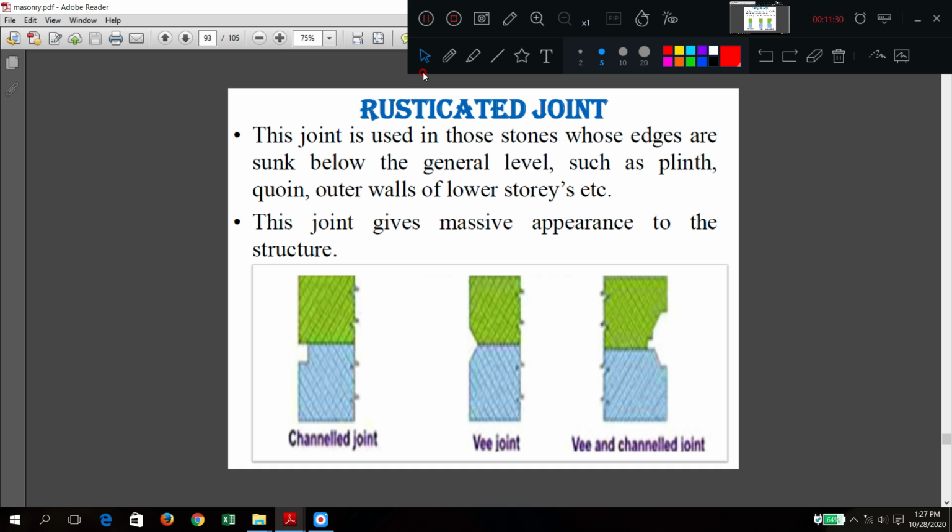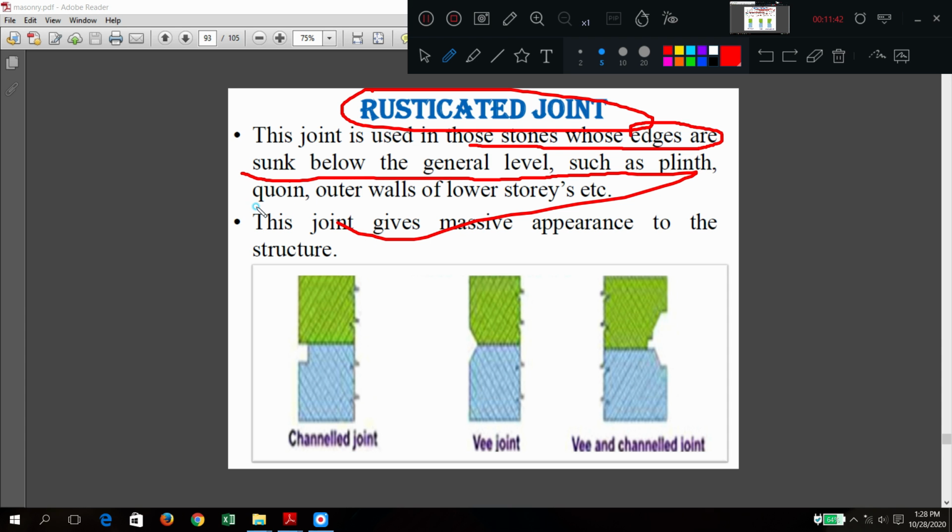Now next is rusticated. Rusticated means what? When the stones whose edges are sunk below the general level, such as plinth, quoins, outer walls. Suppose this is the construction of your house. This is a wall, this is a foundation, this is the plinth level.